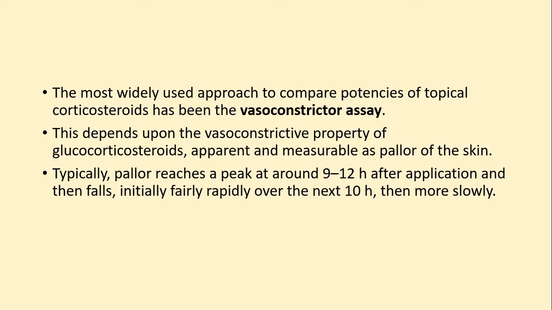So whenever you are asked in the exam how we classify the topical steroids on the basis of potency, you are going to answer that it is in accordance with the vasoconstrictive assay: we apply the topical corticosteroid on the skin, and we then measure the time at which the pallor is achieved. For a potent corticosteroid, it will be earlier. For a less potent one, it will be later.